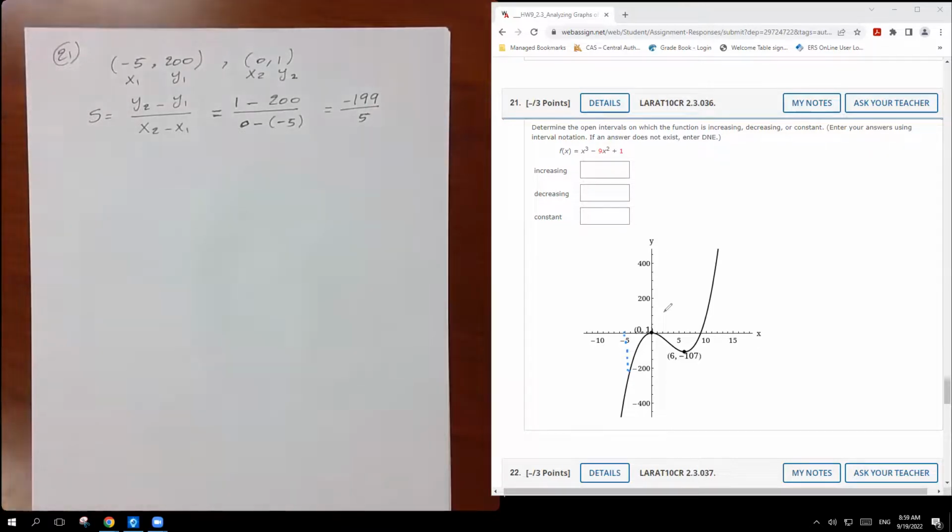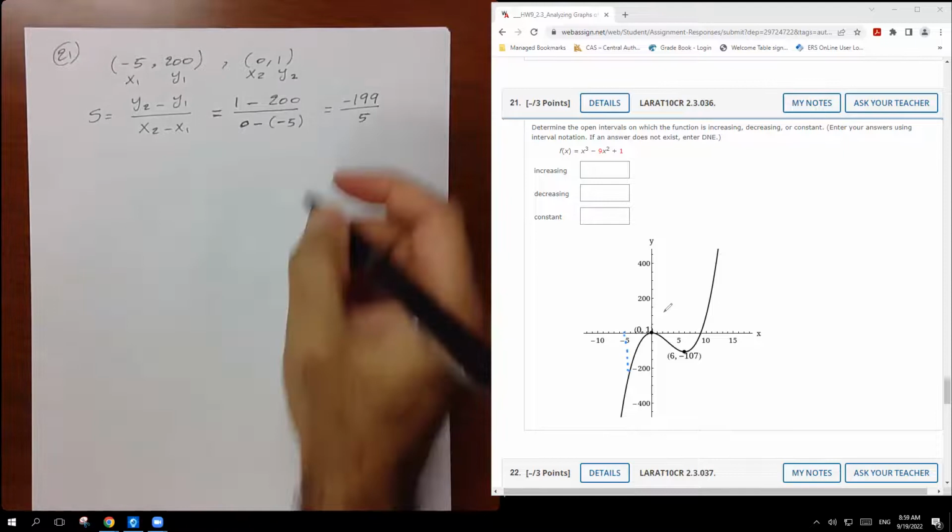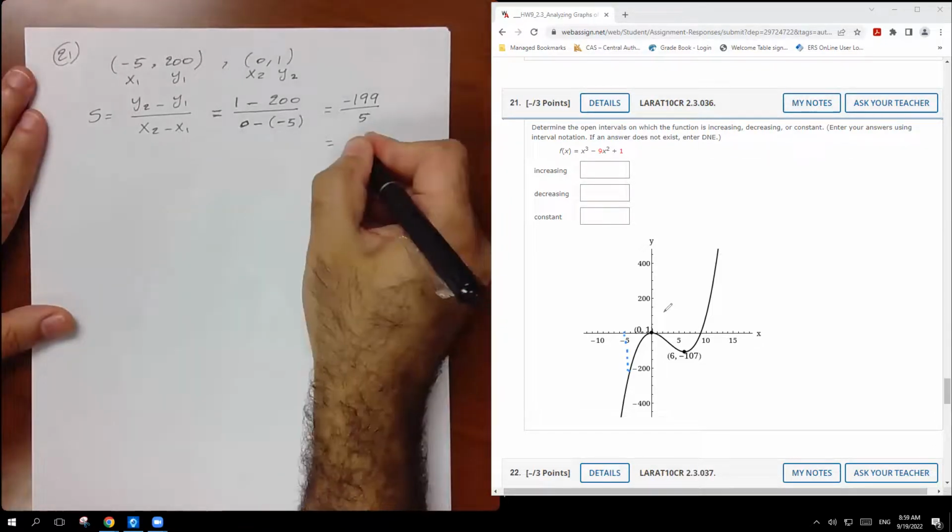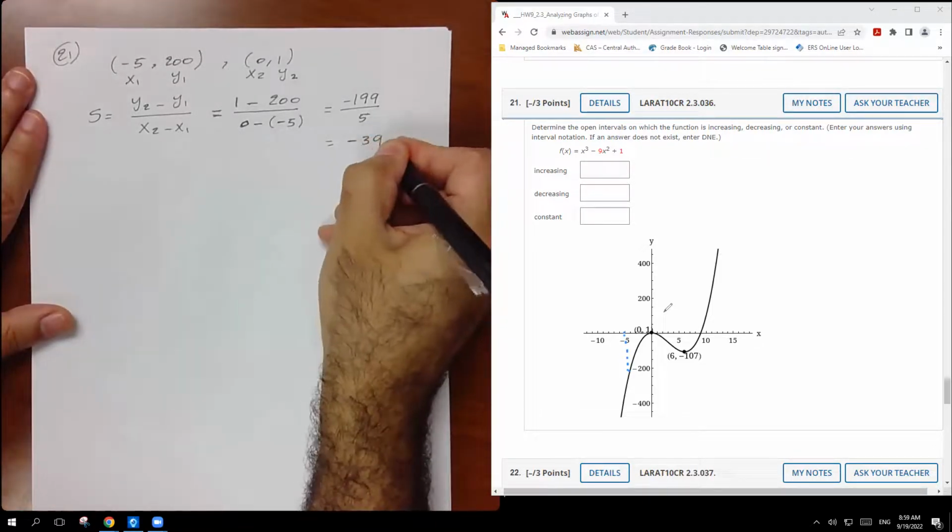If you divide a negative number by a positive number, the result is negative. So the slope is -39.8.